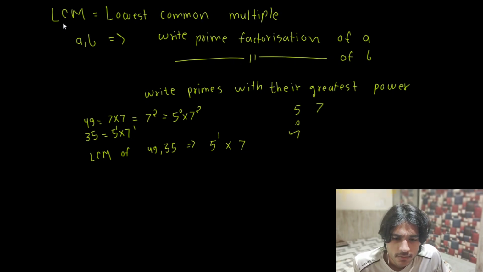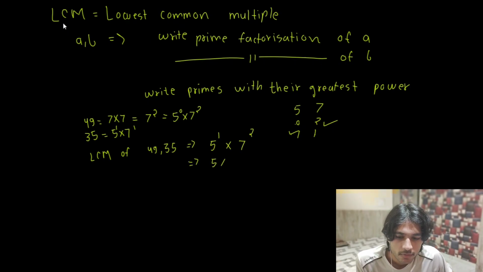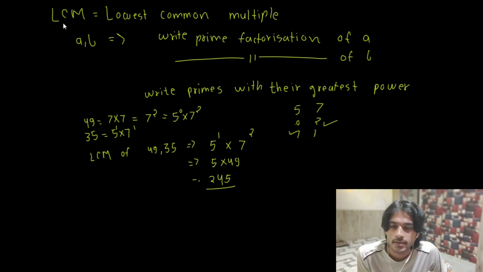Similarly, 7 has the power 2 and here 7 has the power 1. What is the greatest between 2 and 1? 2. So here 7 to the power 2. So what will I get? 5 multiplied by 49, which comes out to be 5 times 49, 245. This is the LCM of 49 and 35.